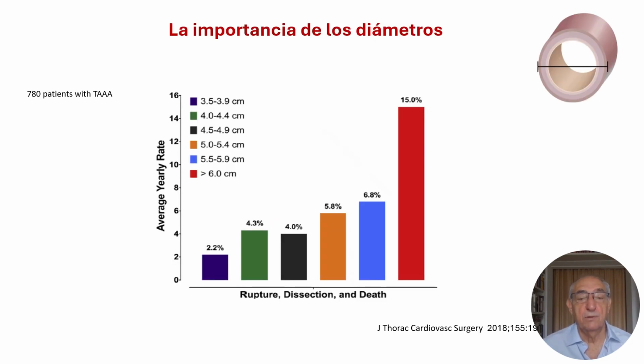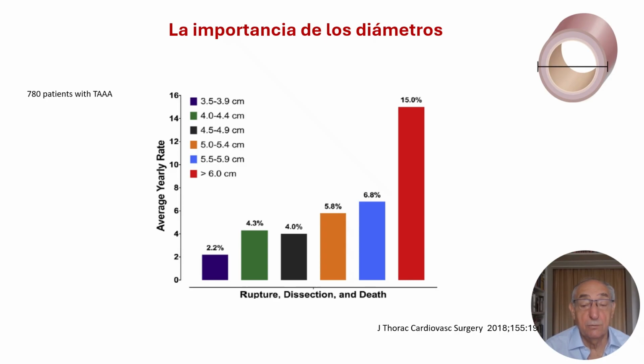The significance of aortic diameters has been thoroughly proven, since we are well aware from seminal studies that when the aorta has more dilation, we see an increase in the risk of dissection or rupture.